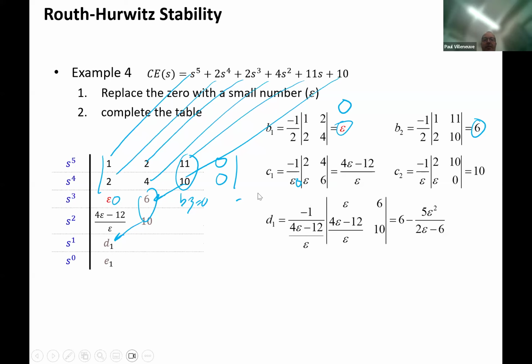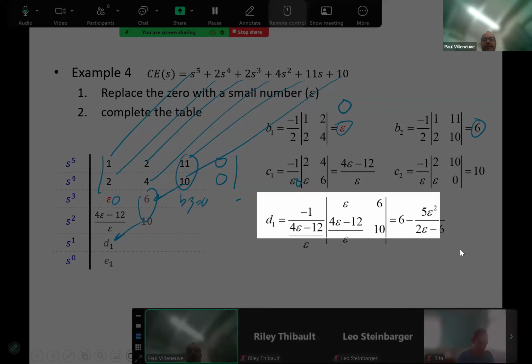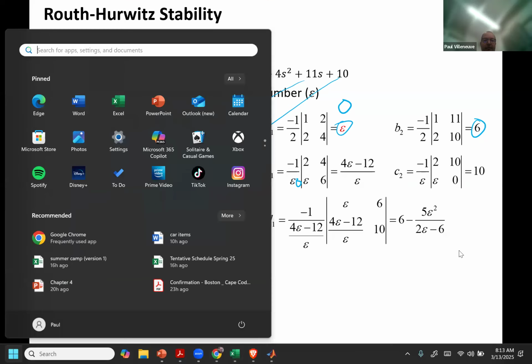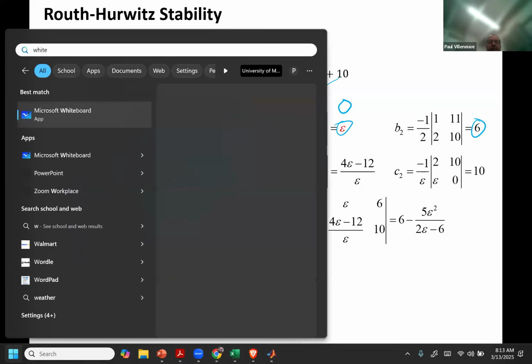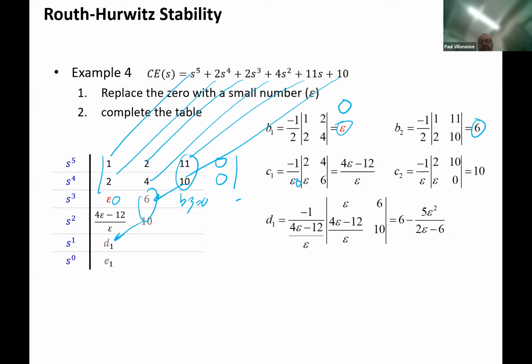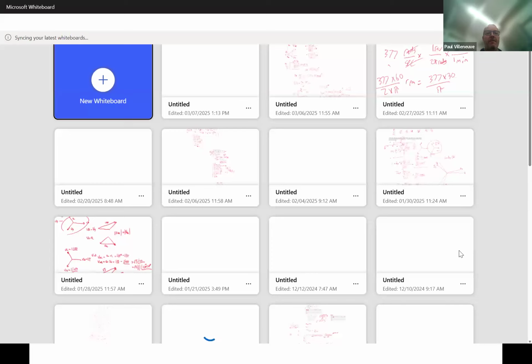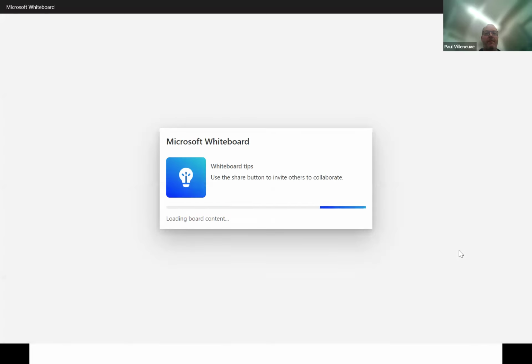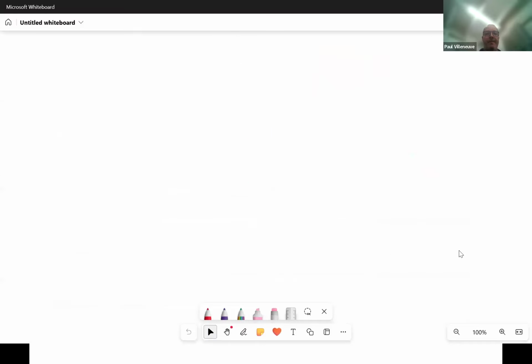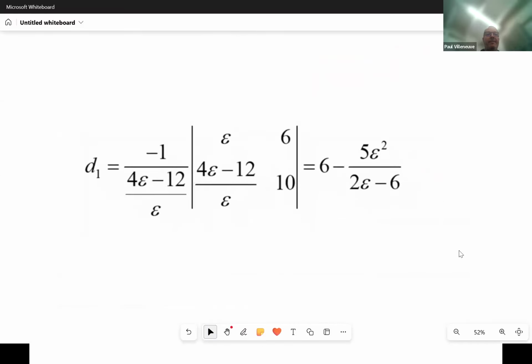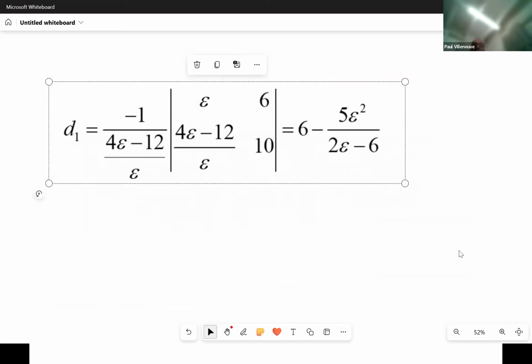So let's go ahead and take a picture of this. Bring up the whiteboard. Okay. All right, so first thing I'm going to do is invert and multiply and then do the quadratic.